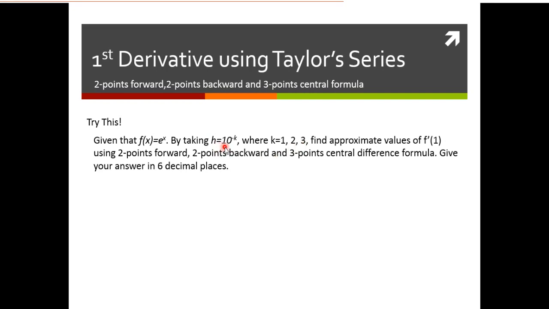This time you're going to have h up to 10 to the power of negative 3, which is 0.001. And then you have to approximate the first derivative of the function f(x) when x equals 1, by using the 2-point forward, 2-point backward, and 3-point central difference formula. Please bear in mind that this question requires you to give the answer in 6 decimal places.